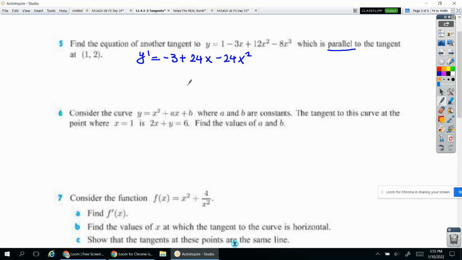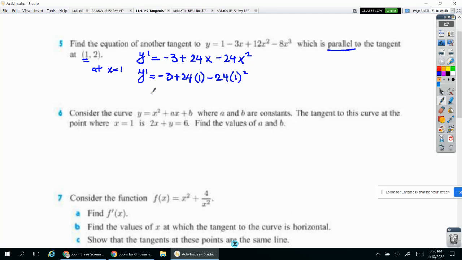So that's the derivative. Now we want to evaluate it at x equals 1. So y prime equals negative 3 plus 24, substitute 1 for x, minus 24, substitute 1 again for x.